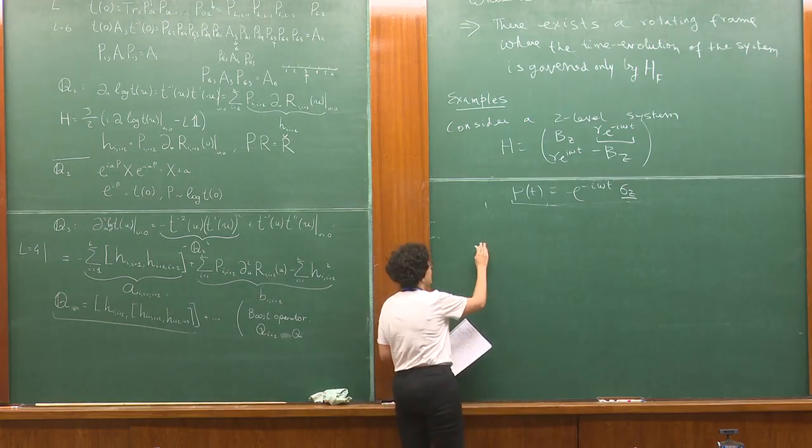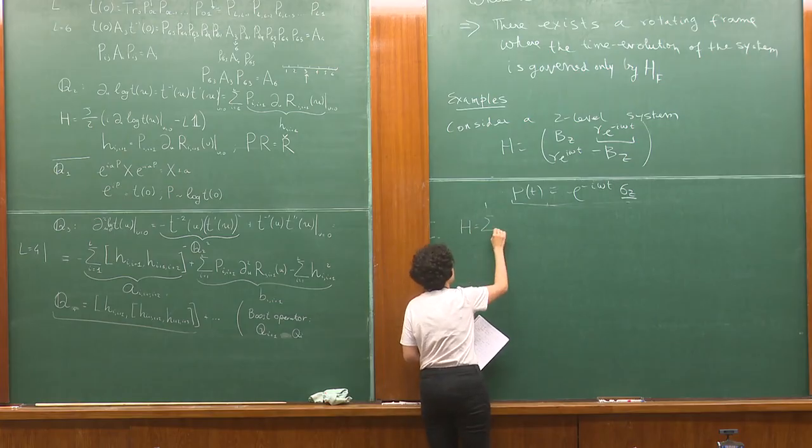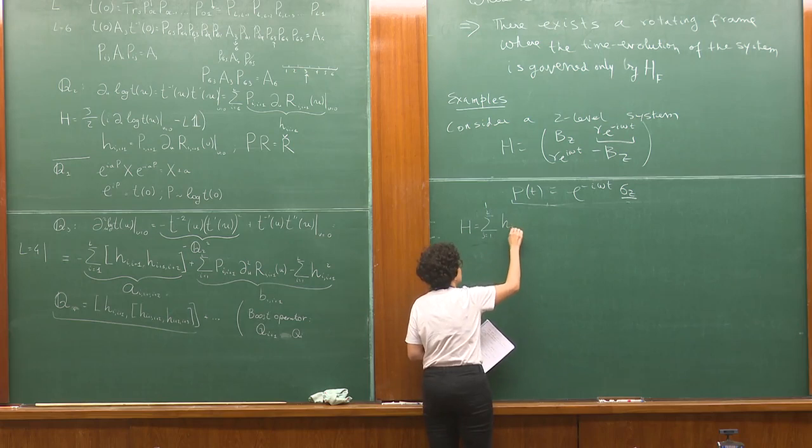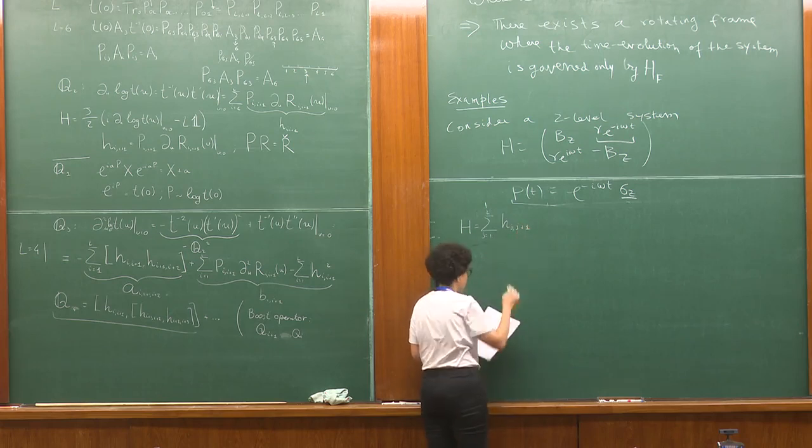So consider a local Hamiltonian H that you can write as the sum from 1 to L of h_{j,j+1}.